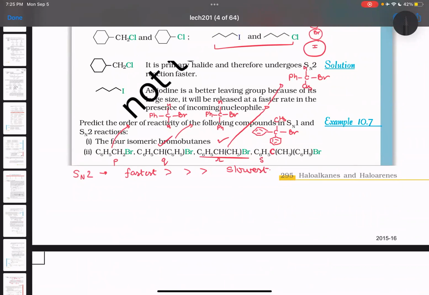Yeah, Anushka. Which is the most bulky? Which carbon is having the maximum crowding? And that is going to be the slowest for SN2 reaction. Yeah, Imad.